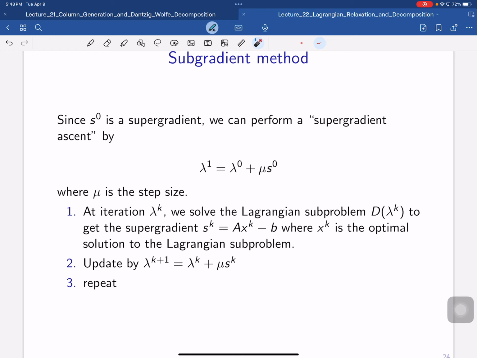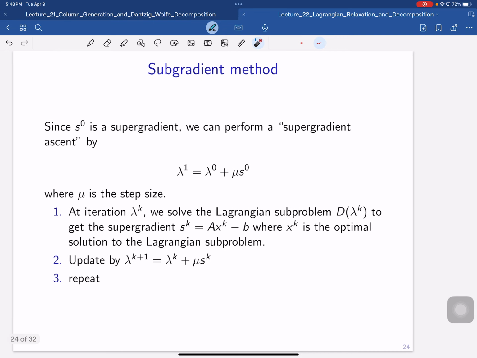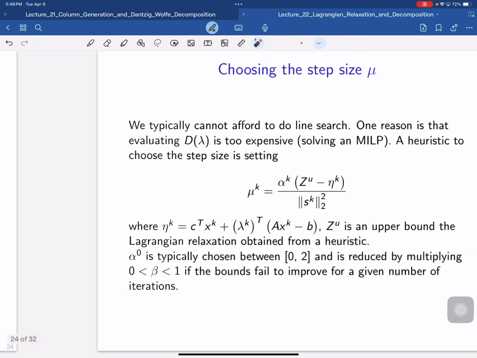Each time you evaluate this function, you are solving an MILP. In the past, when solving an unconstrained optimization problem, each function evaluation was an algebraic form. But here d(lambda) involves solving an optimization problem, so if you do line search, you have to do a lot of function evaluations that can be very expensive.